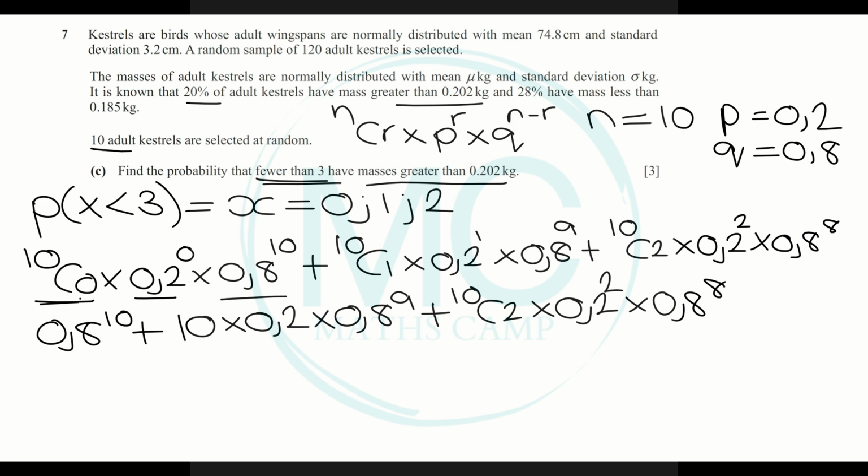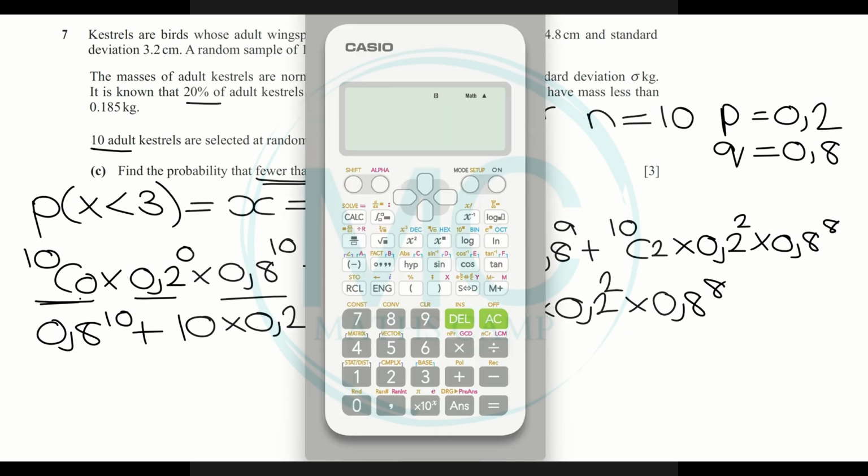Now I can put this into my calculator. I've got 0,8 with an exponent of 10 plus 10 multiplied by 0,2 multiplied by 0,8 with an exponent of 9 plus NCR, 10C2 multiplied by 0,2 squared multiplied by 0,8 with an exponent of 8 is equal to 0,6777.